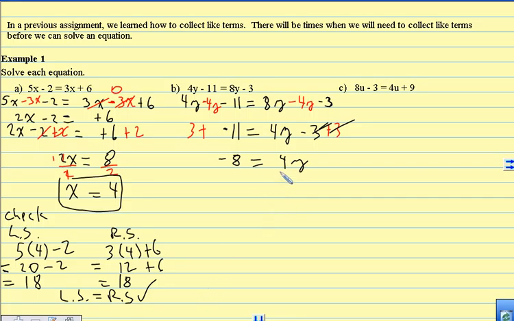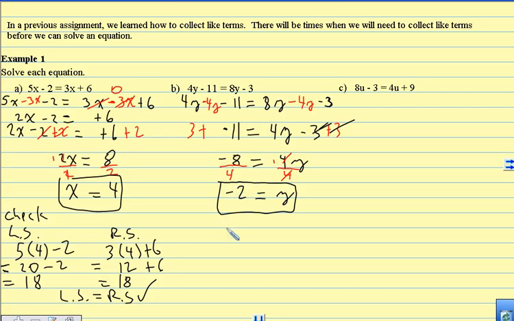And lastly, 4 is multiplied by y, so we divide by 4 on both sides, and those cancel and become a 1, leaving us with y equals negative 8 divided by 4, which is negative 2.